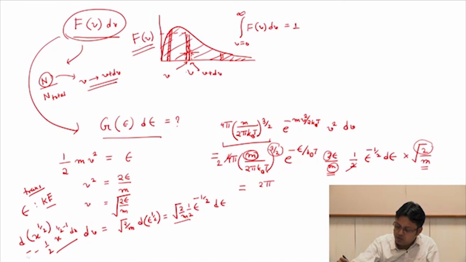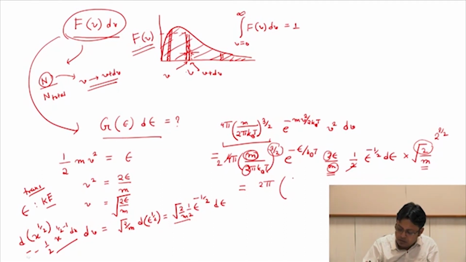So I can write these together as 2 to the power 3 by 2, because these two I can write as 2 to the power 2 by 2, and this square root of 2 is 2 to the power half. So I'll have 2 pi, and that 2 to the power 3 by 2 will also cancel with this 2 to the power 3 by 2.